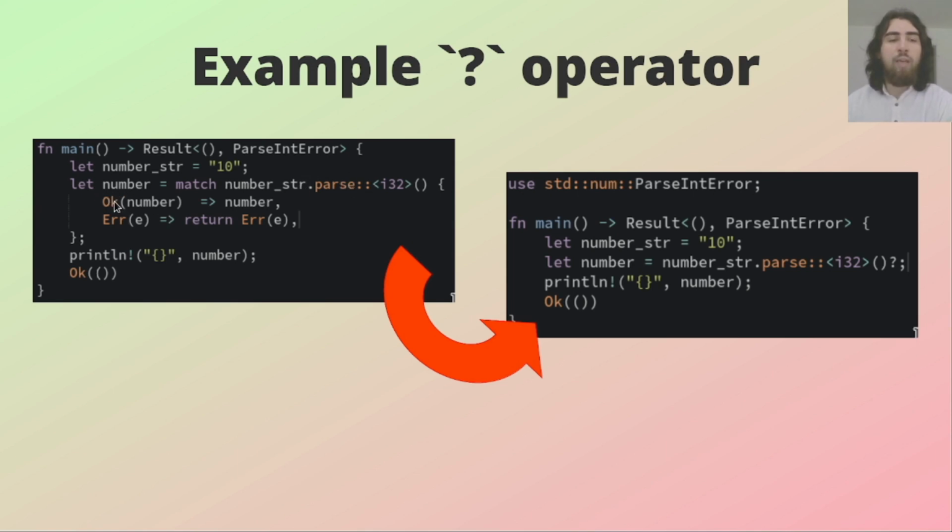If we get back OK, then we just take the inner value and return it, meaning the inner value will then be assigned to the number variable. In case of an error, we want to return, meaning this over here won't get executed, it will return before.